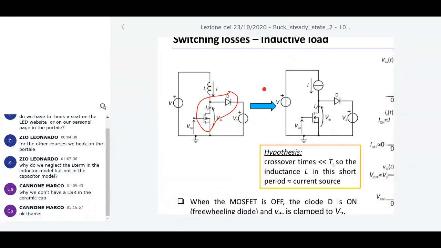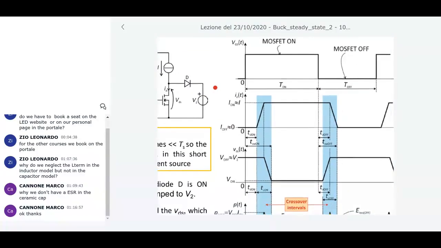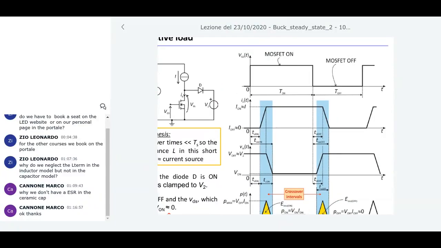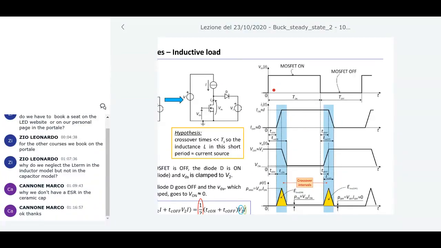The circuit that I'd like to analyze is this one. So again, the voltage VGS is made to be periodic. At the beginning of this analysis, the MOSFET is off. So what happens when the MOSFET is off? When the MOSFET is off, all the current I goes through the diode here.